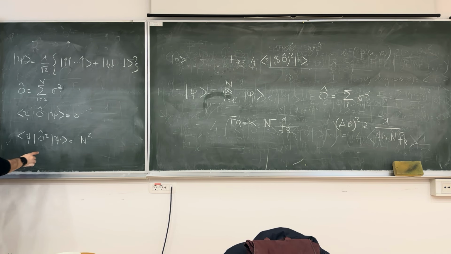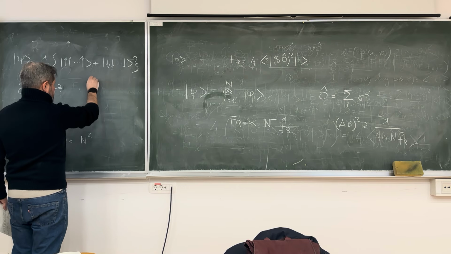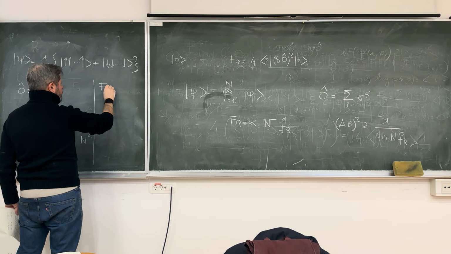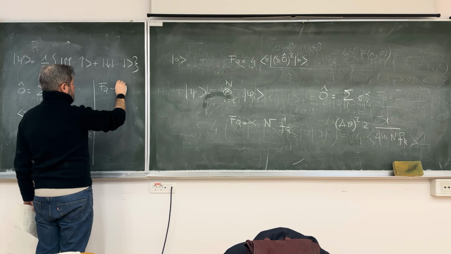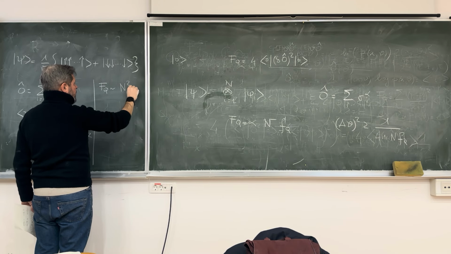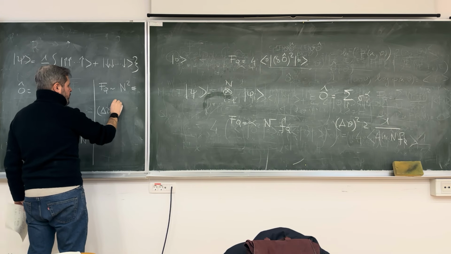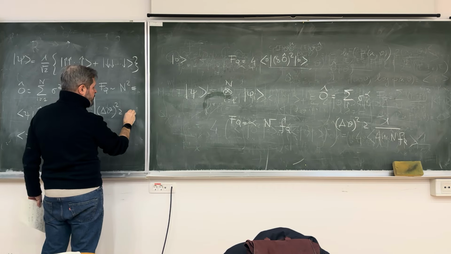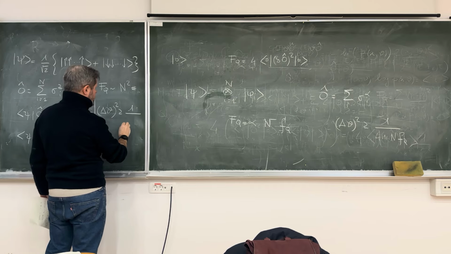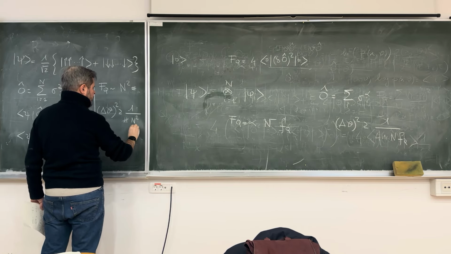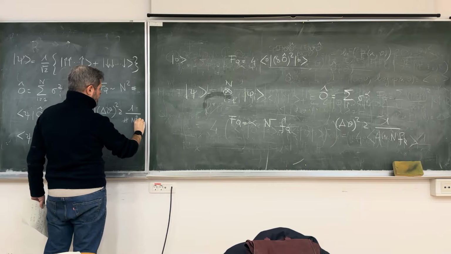And therefore, what you obtain is that in this case, the Fisher information F_Q goes like n squared times some number, and your Cramér-Rao bound is going to be much better. So it's going to be this number times 1 over n squared.